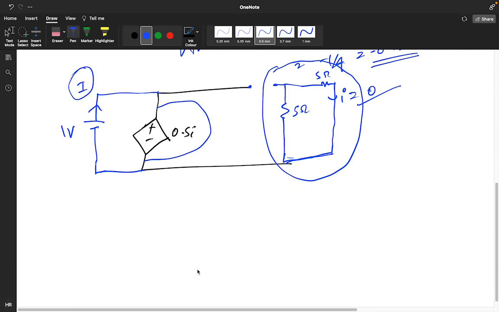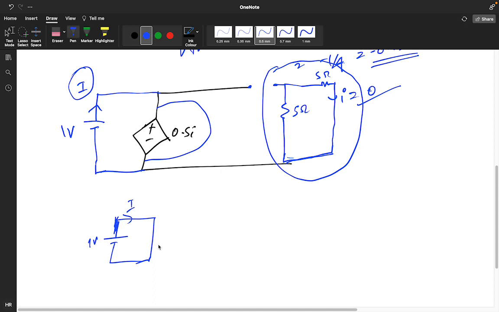So what you are getting? You are getting a circuit like this. So 1 volt, and this is your I. So what will be the resistance?